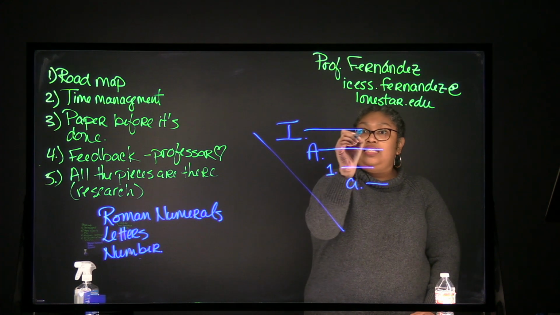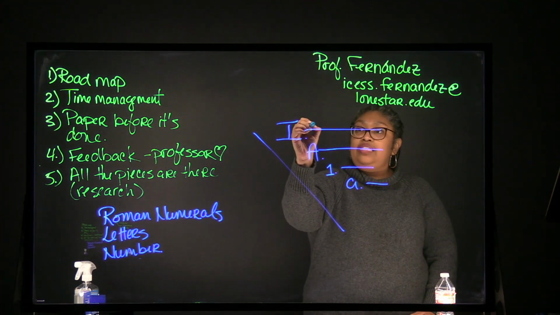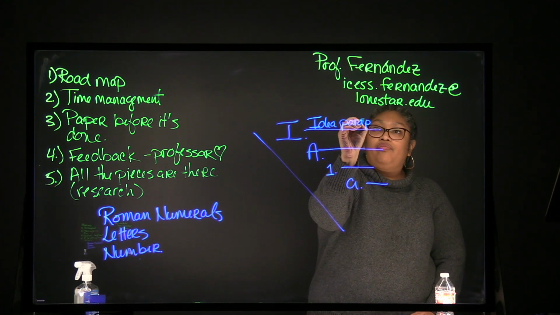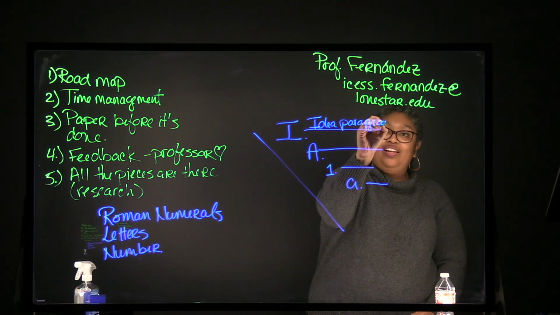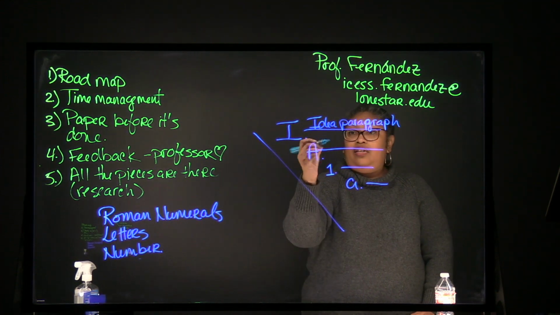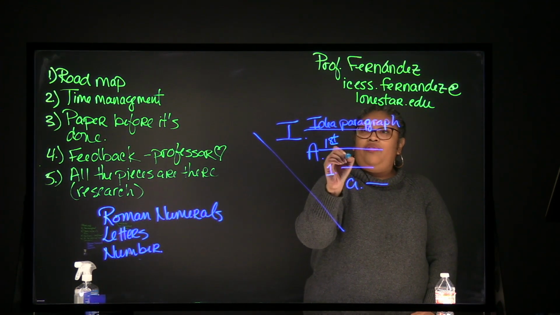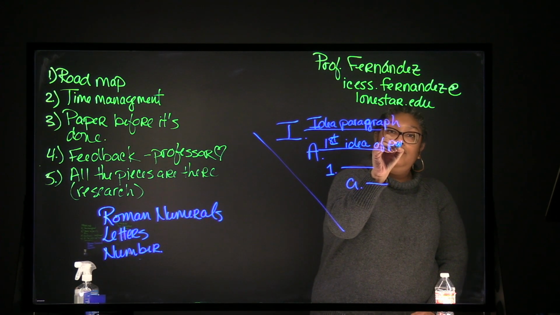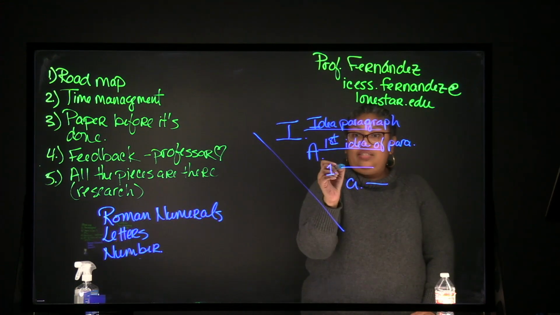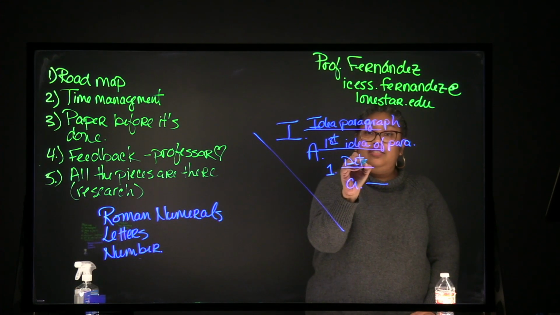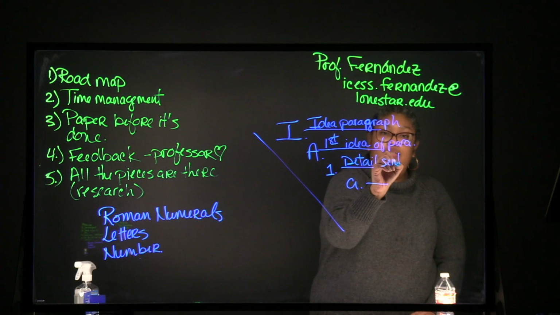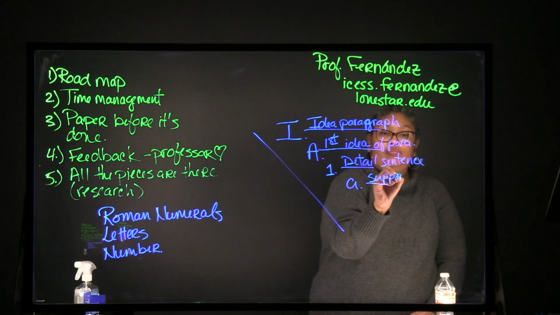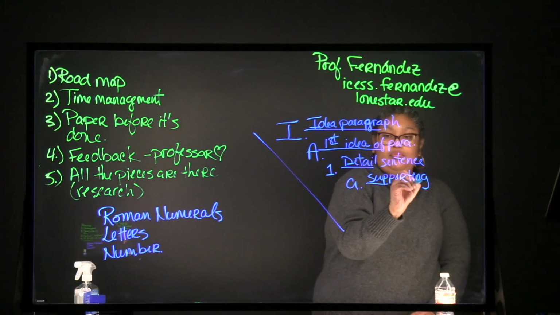And this means that this is the entire paragraph. So this is the idea of the entire paragraph. This means first big idea of the paragraph. This also means this is a detail sentence, and this is a supporting sentence, right?